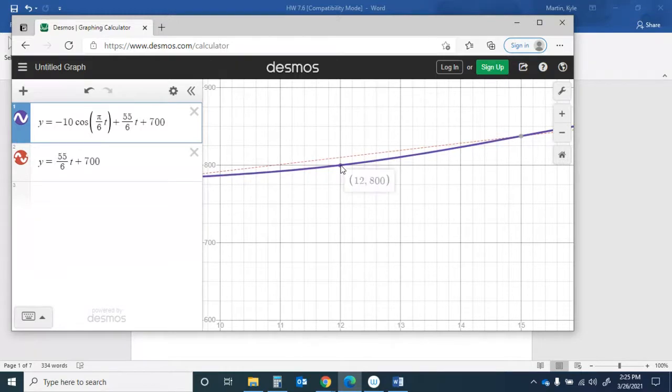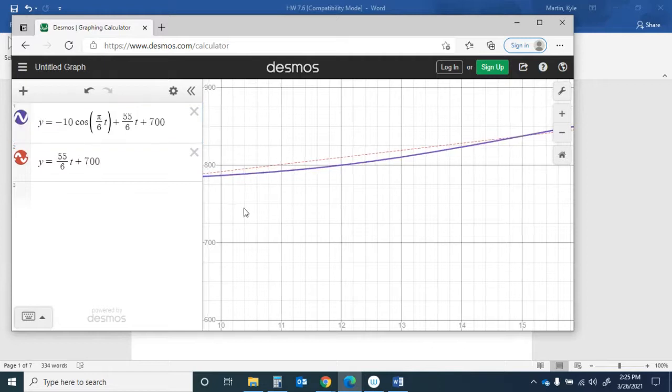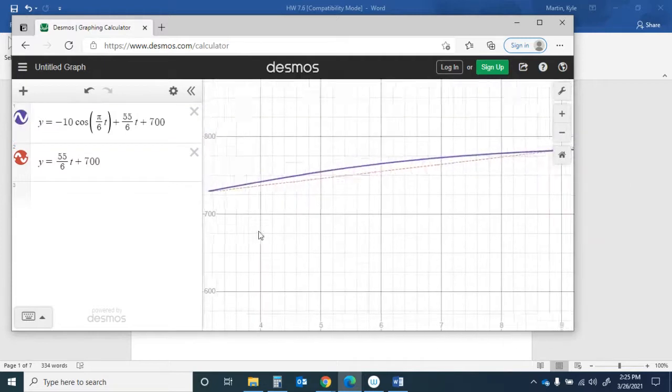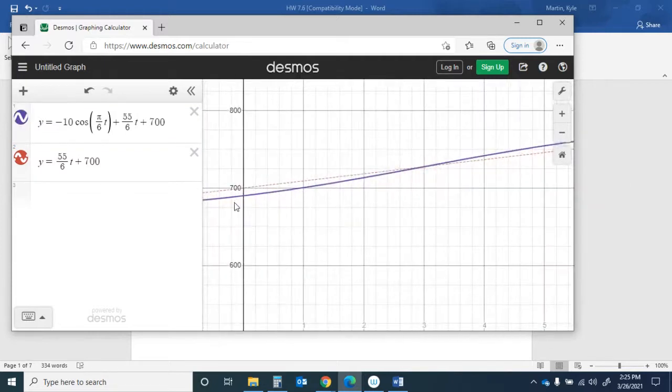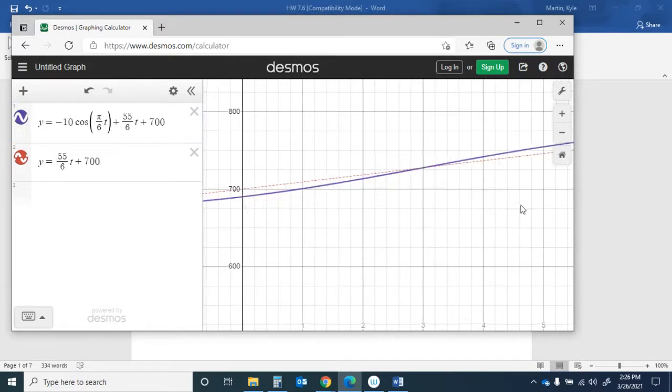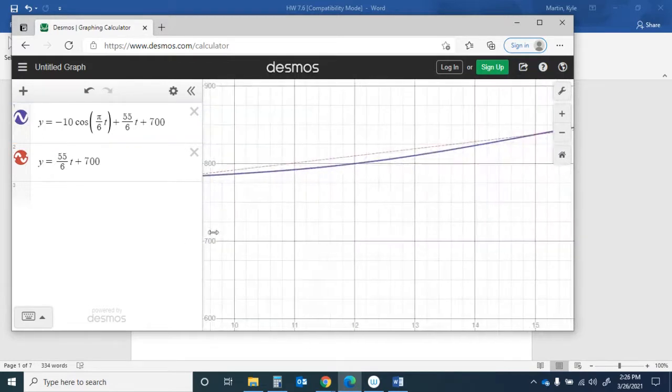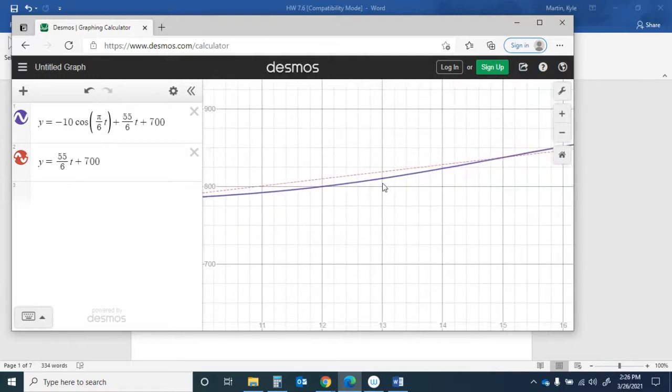But notice that this 800 value is 110 units larger. So this average of 800 in January of the second year is 110 higher than it was back here at 690. So 1 year passed and my average increased.